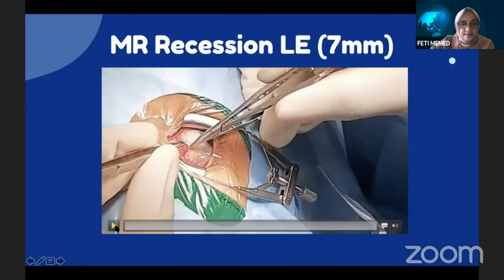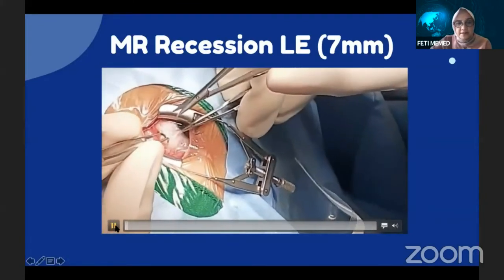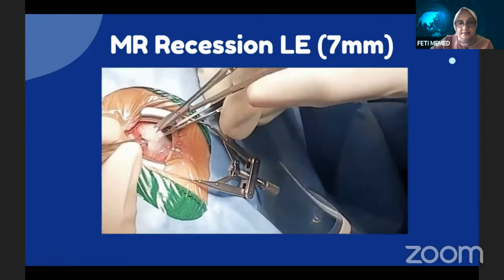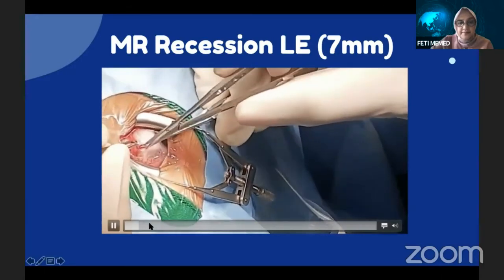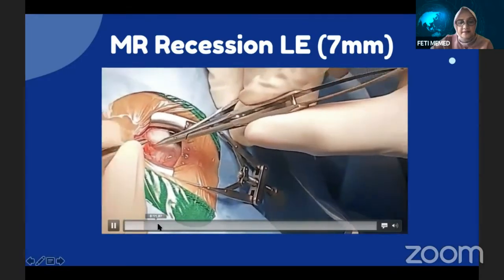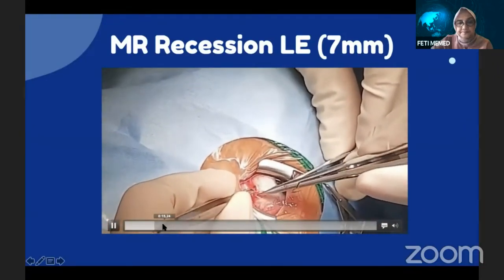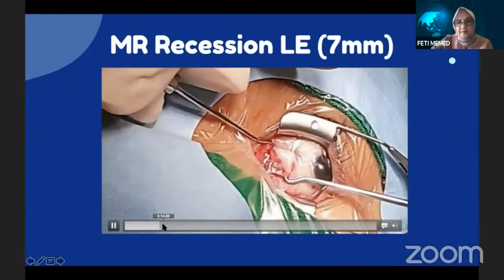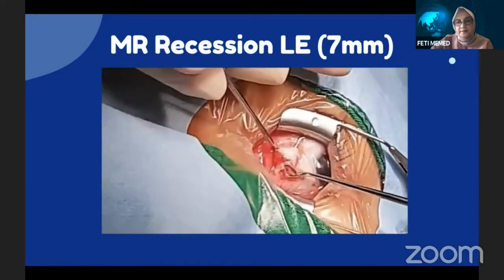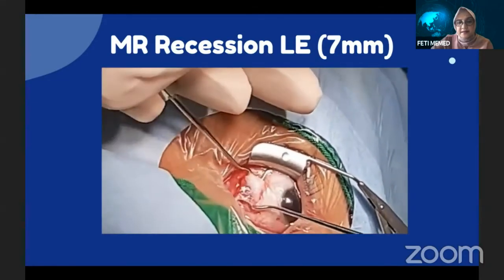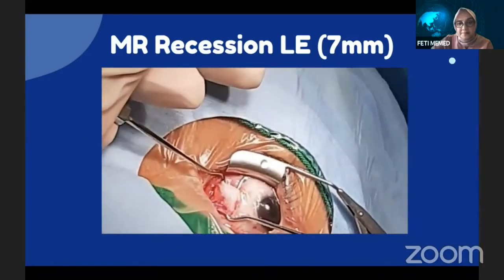This is the surgery. So I made the fornix incision, and then identification of the muscles, and then dissection and check of ligaments.